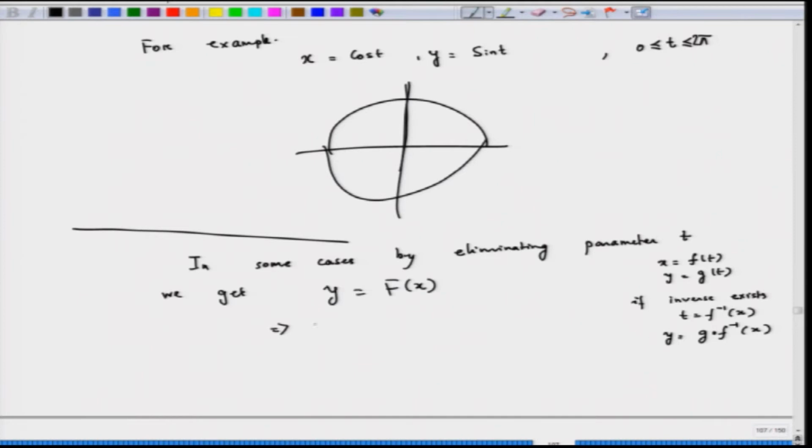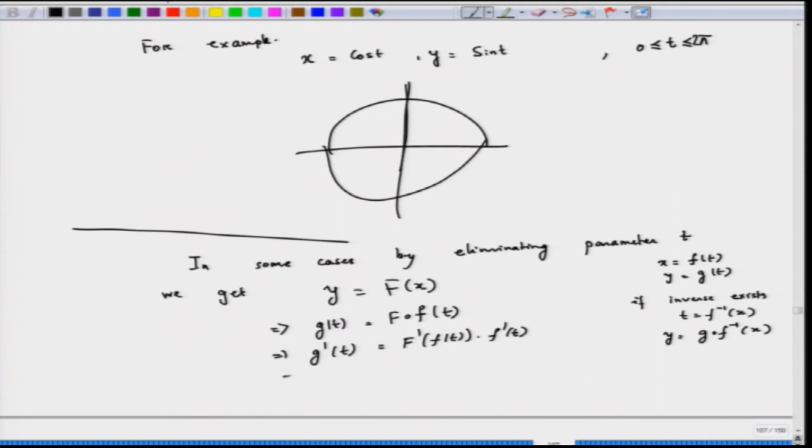Okay. So now what we are writing: y is g of t, this is equal to F, and x is f of t. So this is F composed with f of t. If I take the derivative with respect to t, then dy by dt is g prime of t, and this is F prime of f of t into small f prime of t.